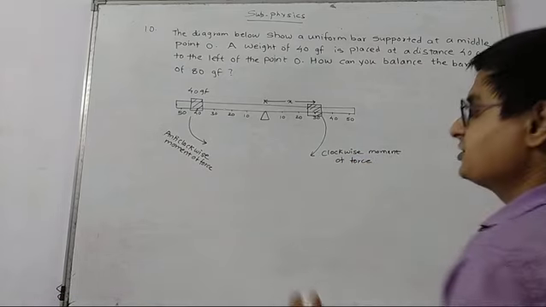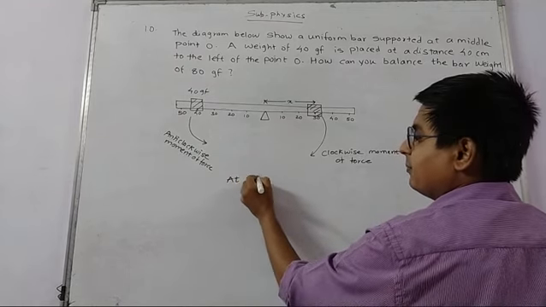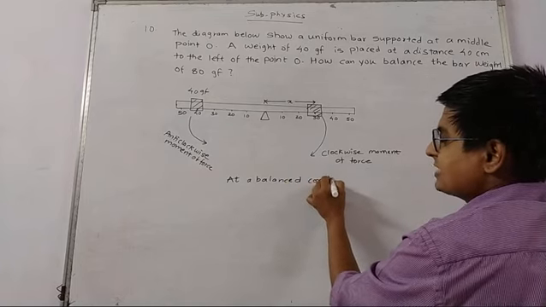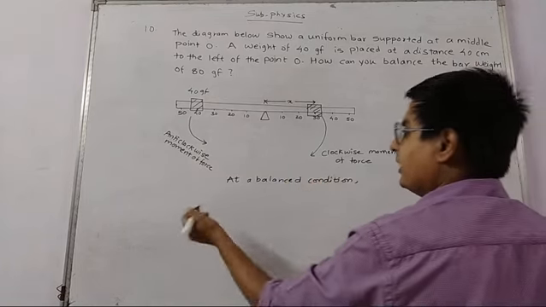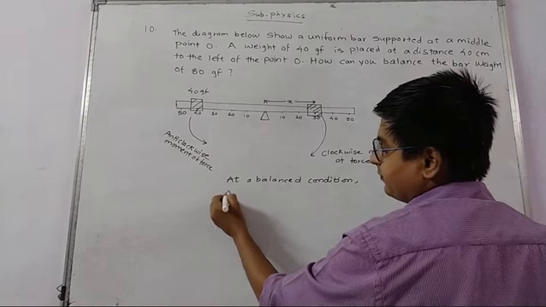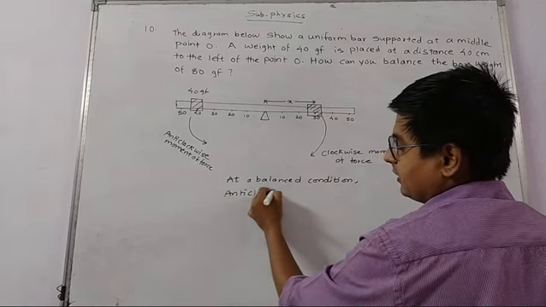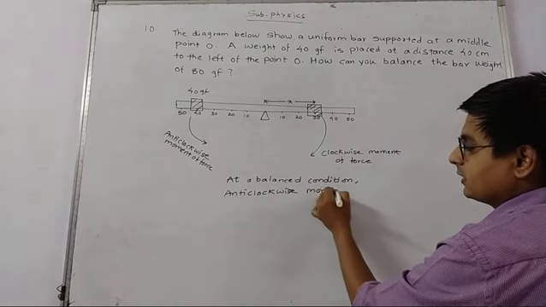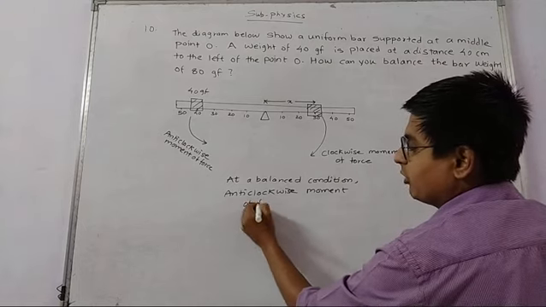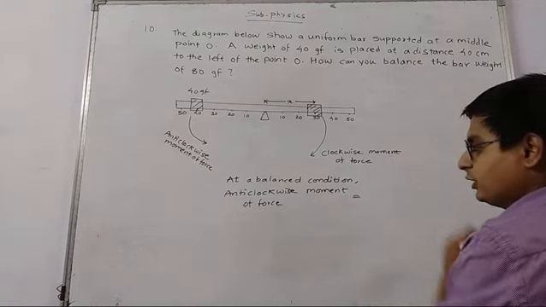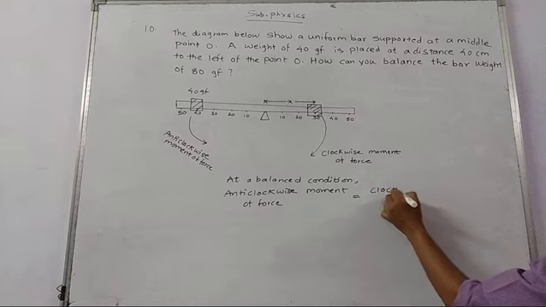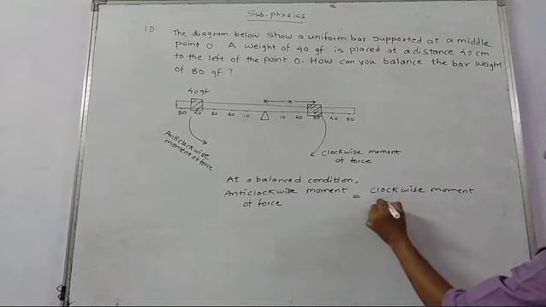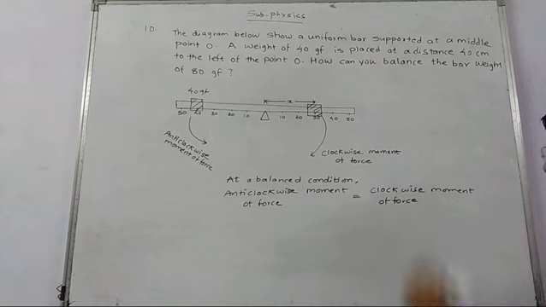At the balanced condition, that is also called the equilibrium condition, again the formula is saying that anti-clockwise movement of force is equal to clockwise movement of force.